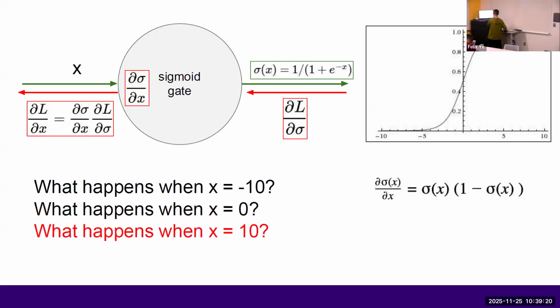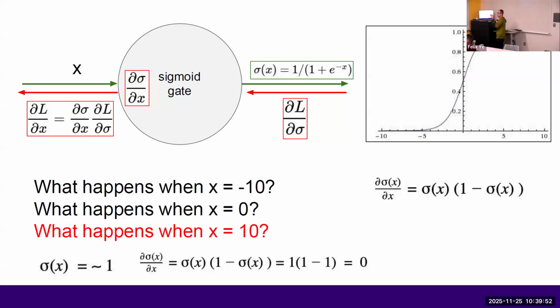Same thing: if x is 0, then it does a very good job, because partial sigma partial x is maximized at 0, where it is equal to 1. A similar issue will happen when x equals 10. Likewise, when x equals minus 10, the gradient will also be close to 0. So for x, the input before the sigmoid, if the value is very extreme, super positive or super negative, then we have a problem.